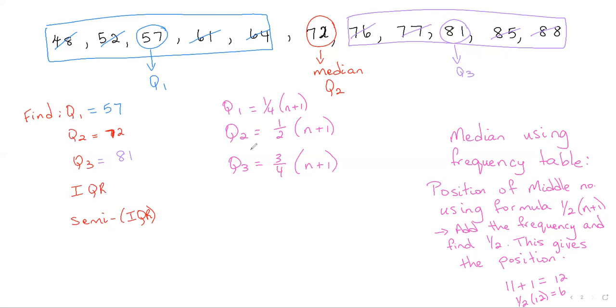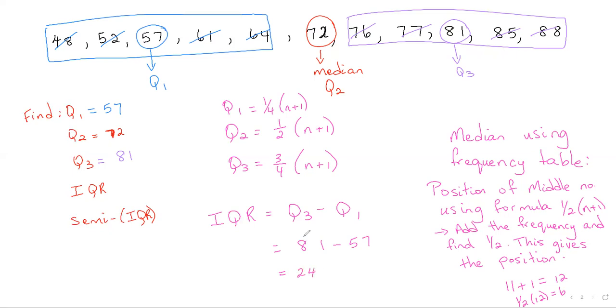Now, if I have to find the interquartile range, it's a formula. It'll be Q3 minus Q1. So it's going to be Q3 was 81 minus Q1, which was 57. We could use a calculator. 81 minus 57, I got 24.